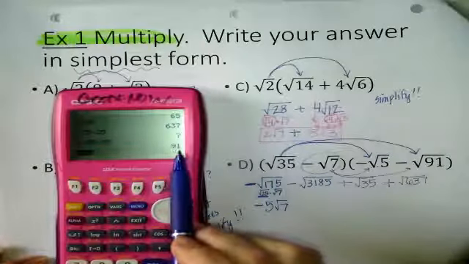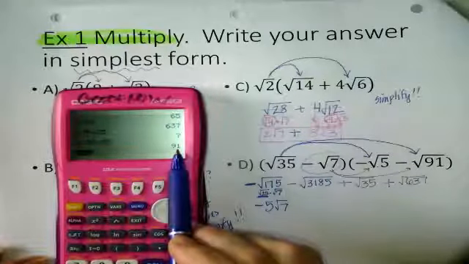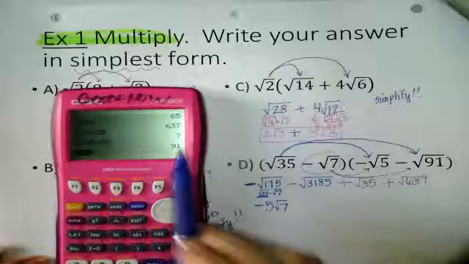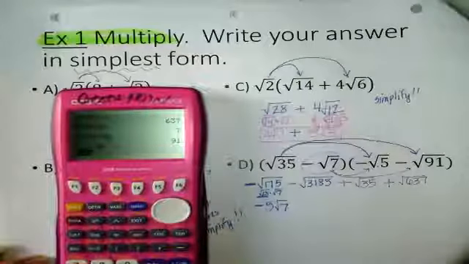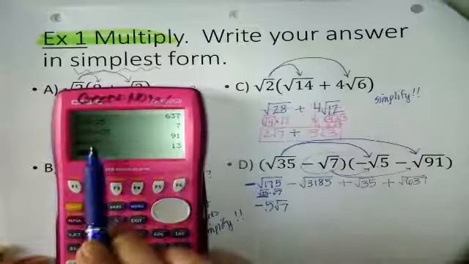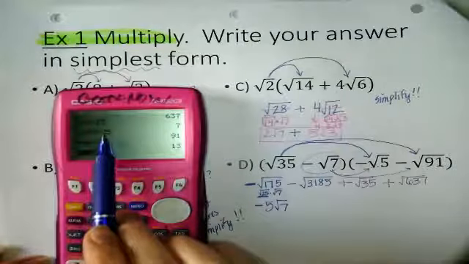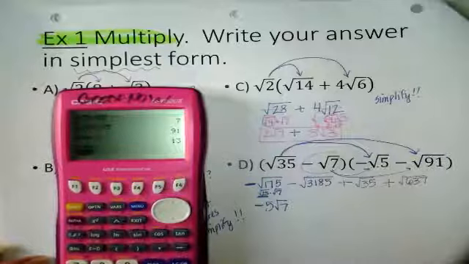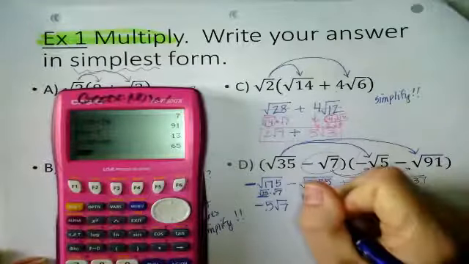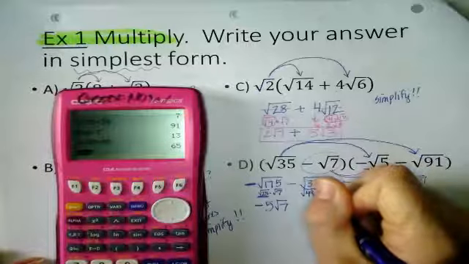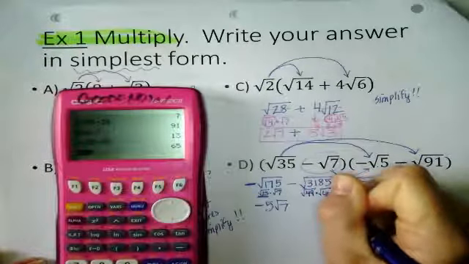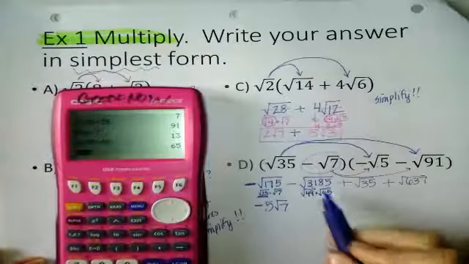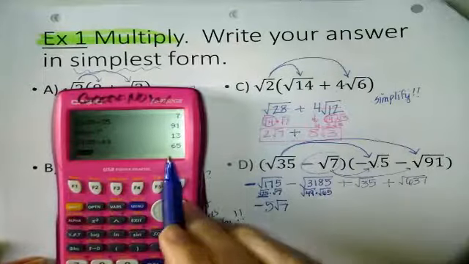And I was thinking like 7 times 3 is 21. So maybe it was divisible by 7. And it was. So it was divisible by 7 there and divisible by 7 there, which is 49. So let's see, 3185 divided by 49 is 65. So radical 49 times radical 65 is how that splits apart.